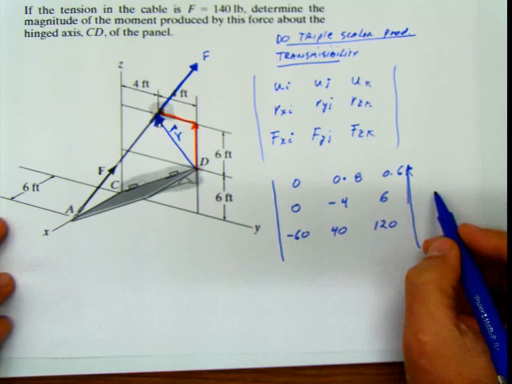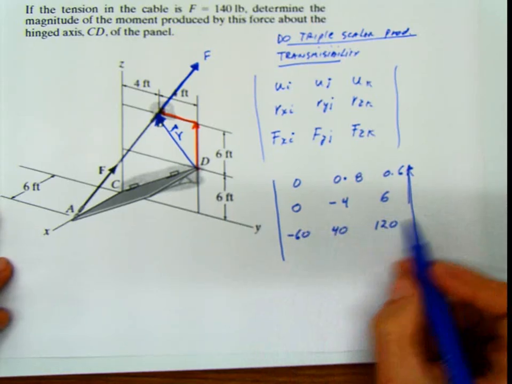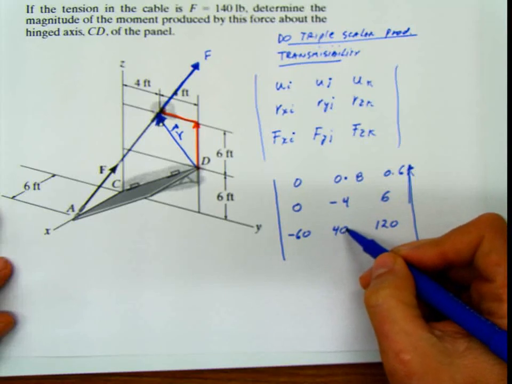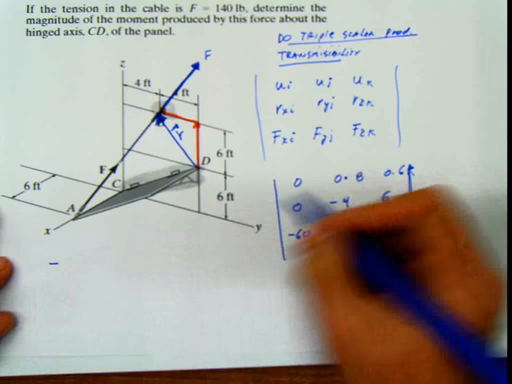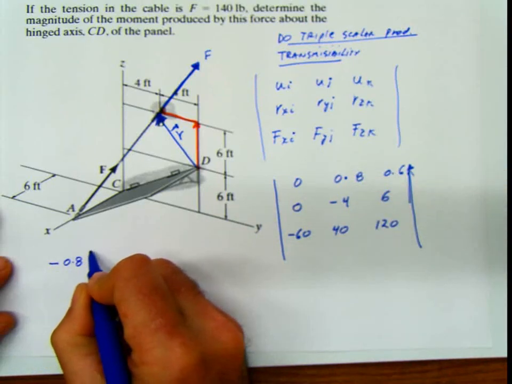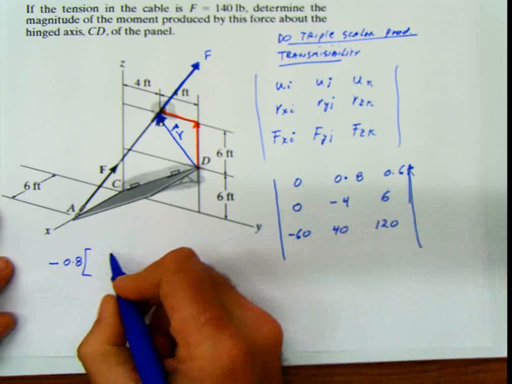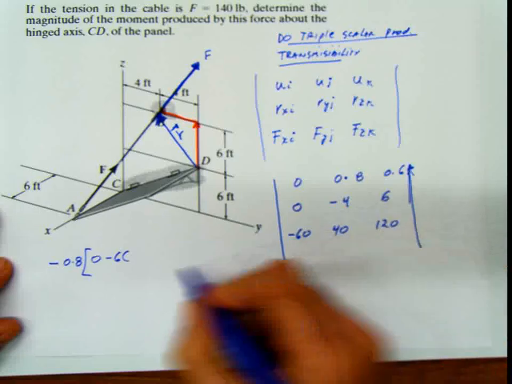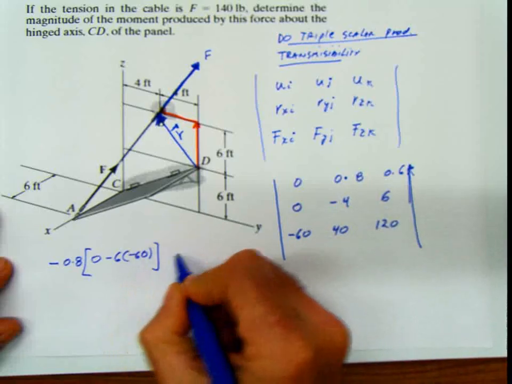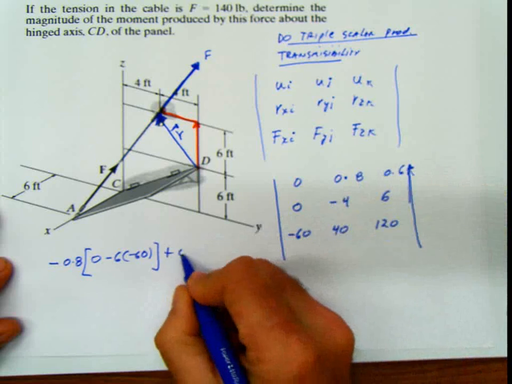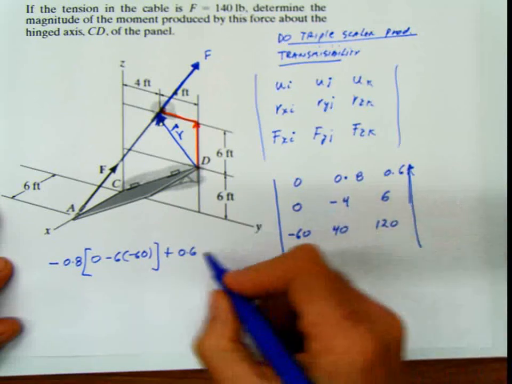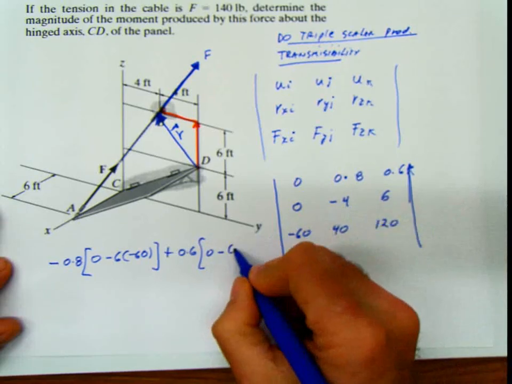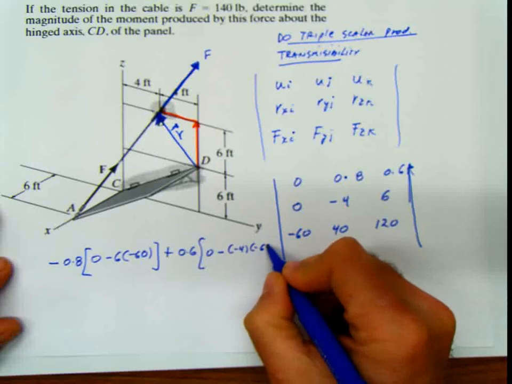Then I do the triple product here. The first term is 0, which multiplies this times this minus this times this, which is 0. Then negative j, but j now is 0.8, that multiplies 0 times 120, which is 0, minus 6 times negative 60. Plus k, but k is now 0.6, that multiplies 0 times this, which is 0, minus negative 4 times negative 60.